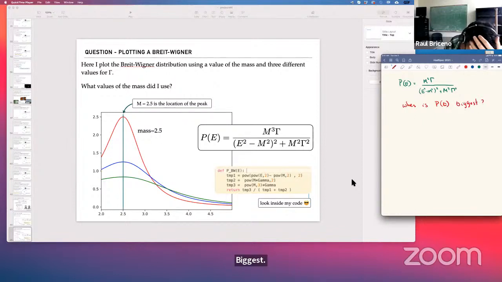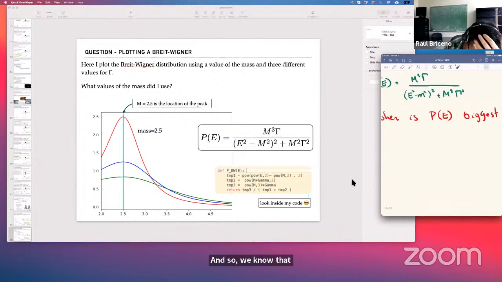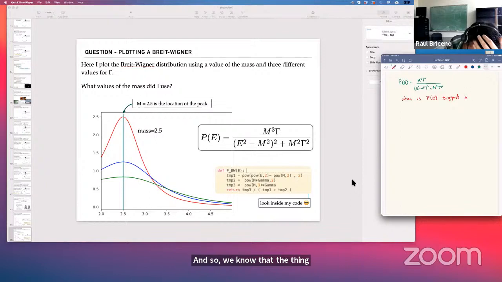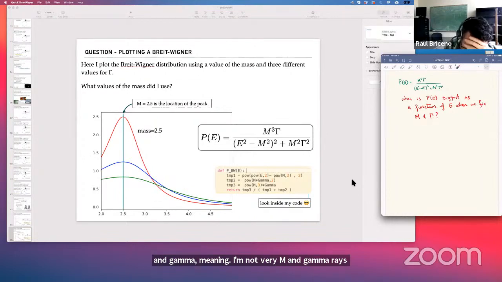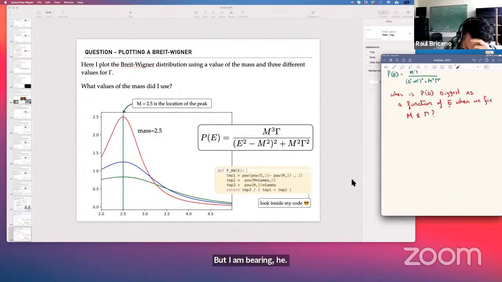We know that this, as a function of E, when we fix M and gamma, meaning I'm not varying M and gamma, but I am varying E. So the question is, for what value of E will P be biggest?